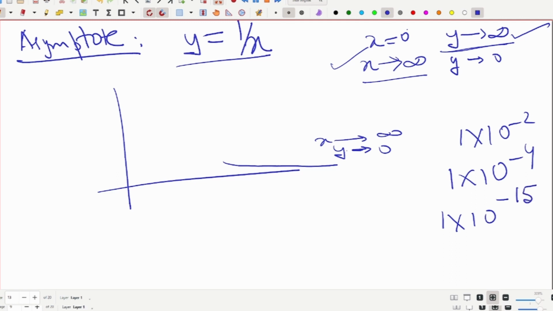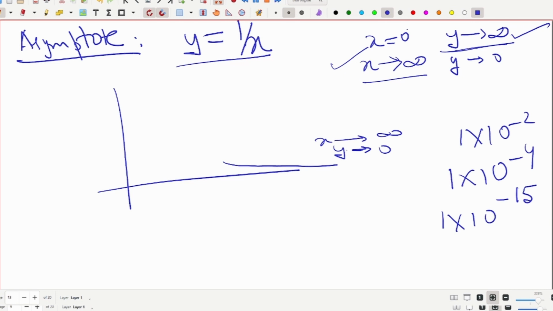Now, 1 into 10 to power minus 15 is as good as 0. However, it is not 0. That is what an asymptote is. An asymptote is a line which on extension will go towards 0, but will never be 0.